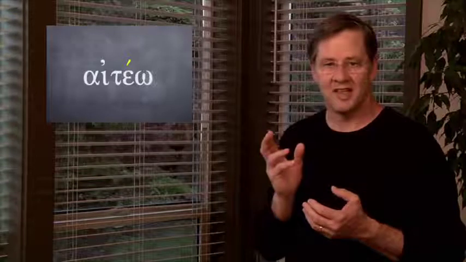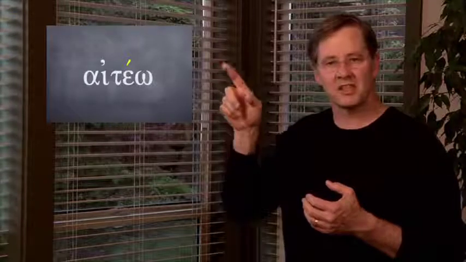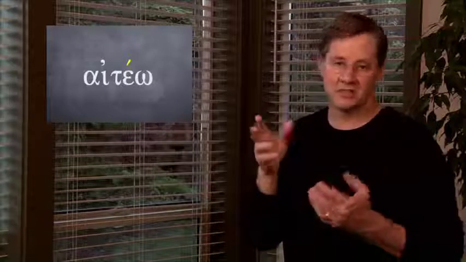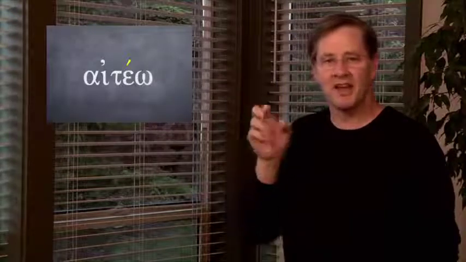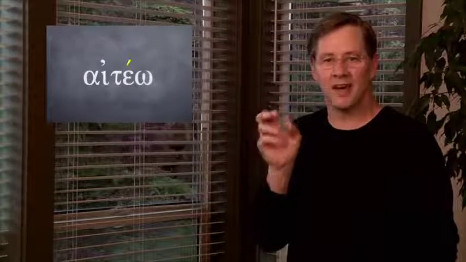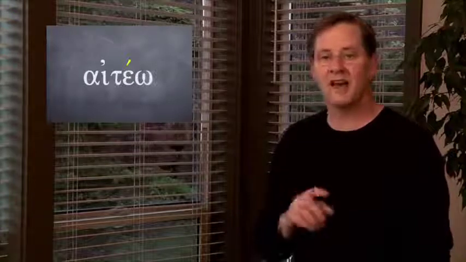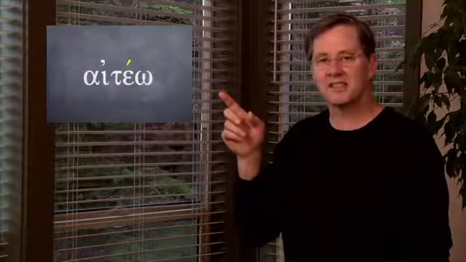Okay, so there are three accents that you're going to learn. The first is the acute, and so this word is aiteo. The acute accent is the mark that goes up, used to indicate a rising pitch, but for us now we know to accent the syllable with the epsilon. Accents will always be on vowels, not on consonants. So the acute is the accent that goes up.